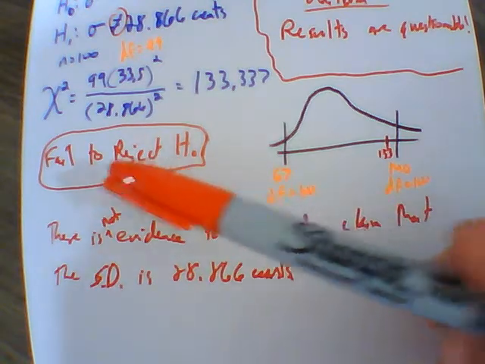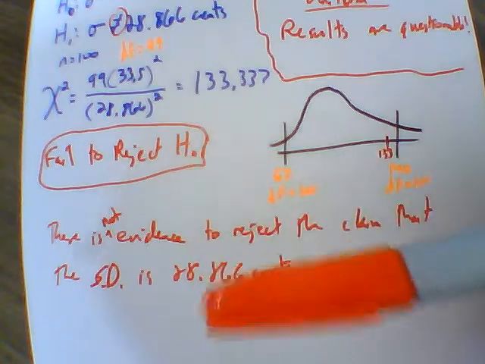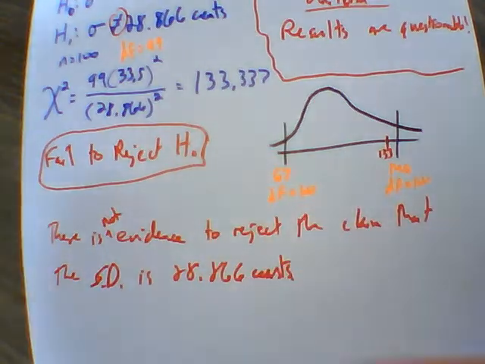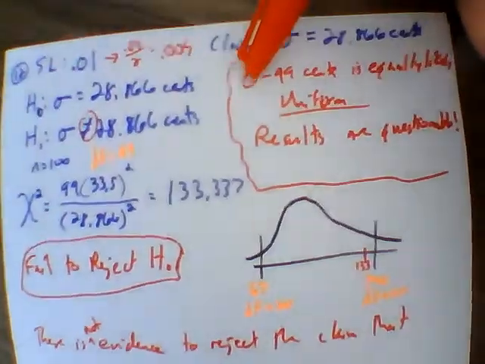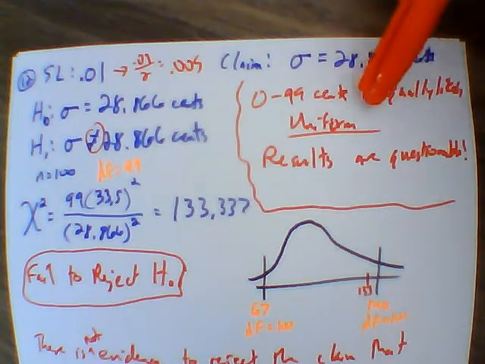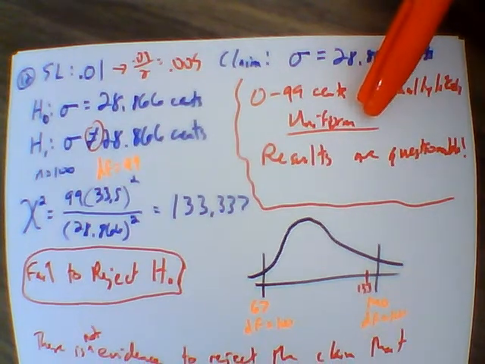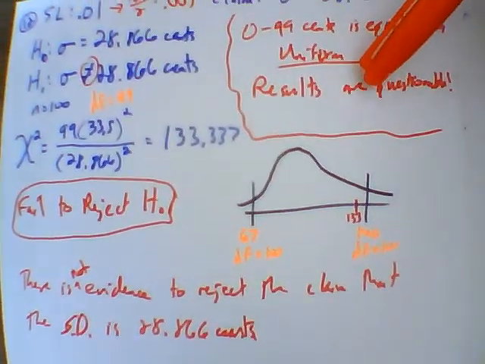In this case, because we failed to reject it, we don't have enough evidence to reject that this could be happening. But do realize that our test results were talking 0 to 99 cents being equally likely, that's a uniform distribution. So even though we're showing this is possibly working, our test isn't valid.